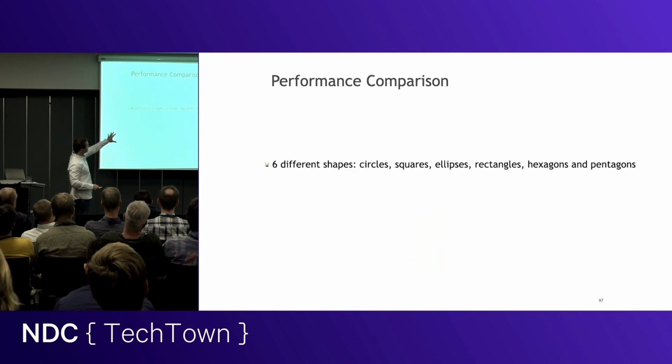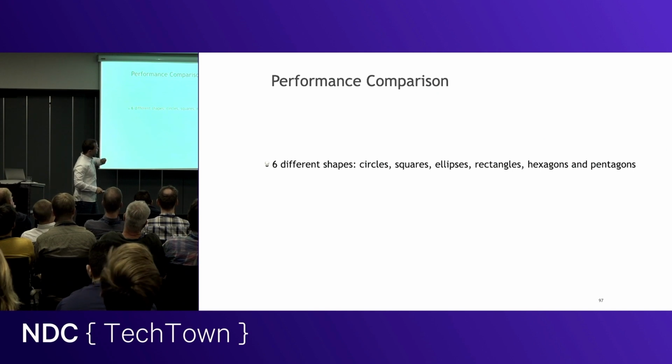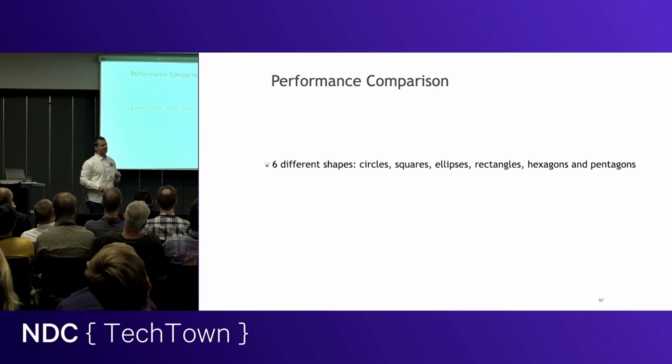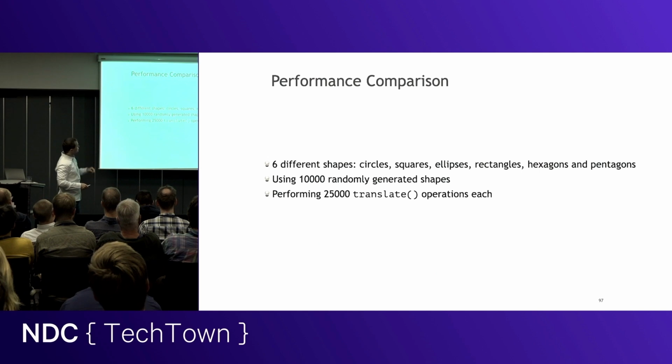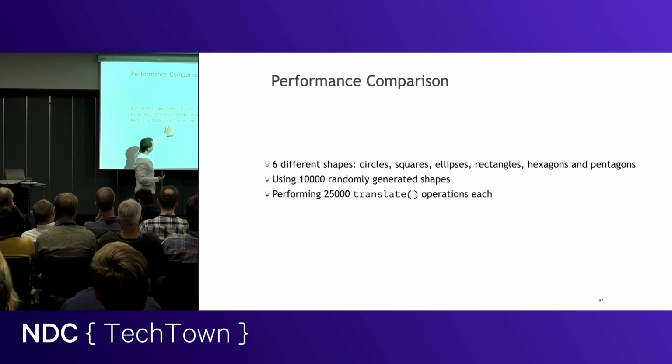So I have 6 different kinds of shapes: circles, squares, ellipses, rectangles, hexagons, and pentagons. Please do not expect that I took the time to really implement a full-fledged flexible hexagon. It's an equal-sided hexagon, and also pentagon. I'm using 10,000 randomly generated shapes. I perform 25,000 translate operations on each one of them, which means it's a super simple, cheap operation.